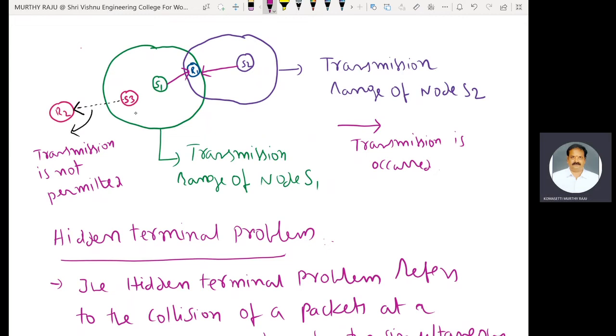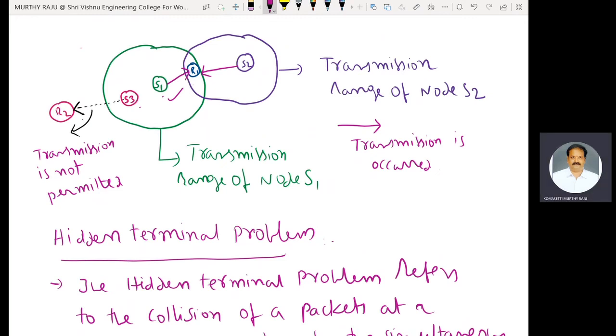That is the reason S3 does not send information to R2. If a transmission from node S1 to another node R1 is already in progress, node S3 cannot transmit to R2.